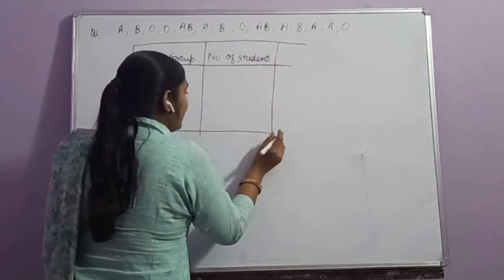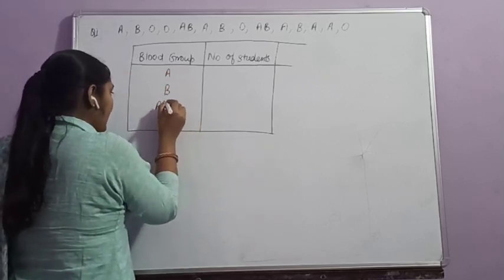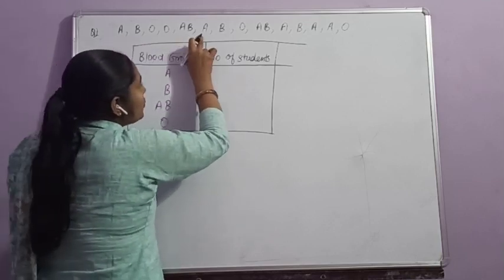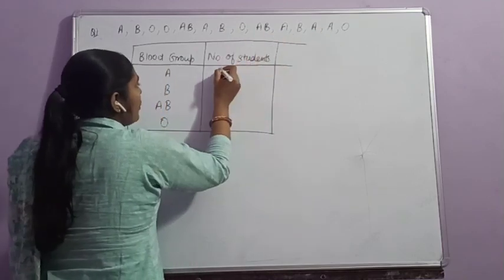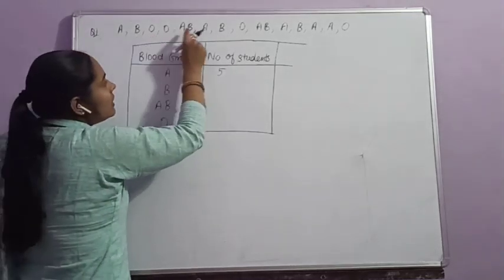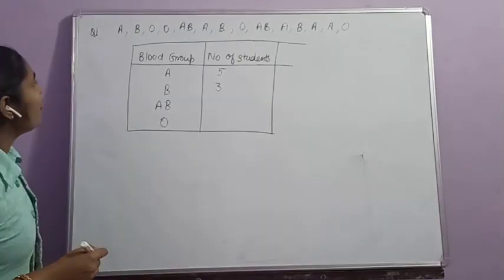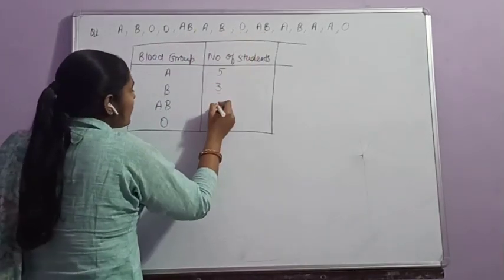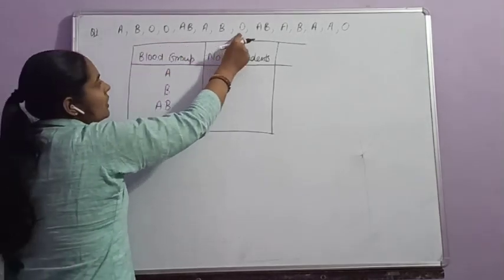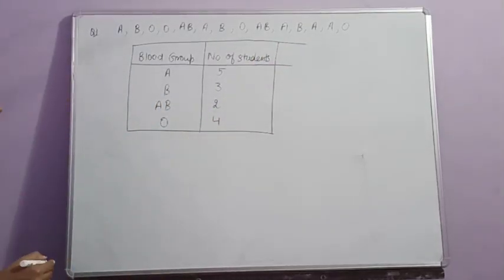First blood group is A, next is B, next is AB, and fourth one is O. Now A is 1, 2, 3, 4, 5. 5 students have blood group A. Similarly, B 1, 2, 3. 3 students have blood group B. Similarly, for AB 1, 2. 2 students have blood group AB, and O 1, 2, 3, 4. 4 students have blood group O. Clear?